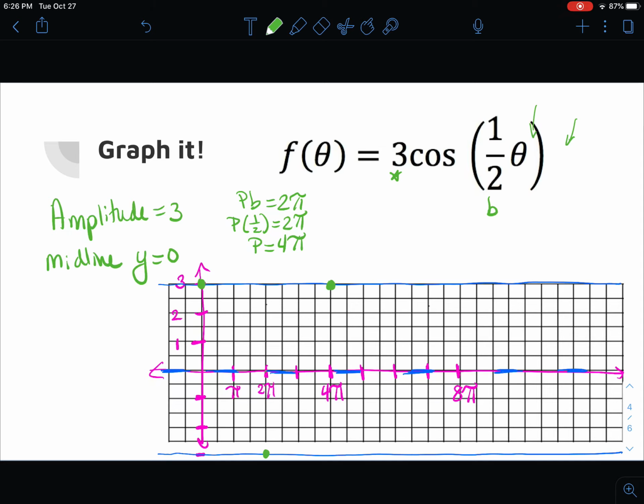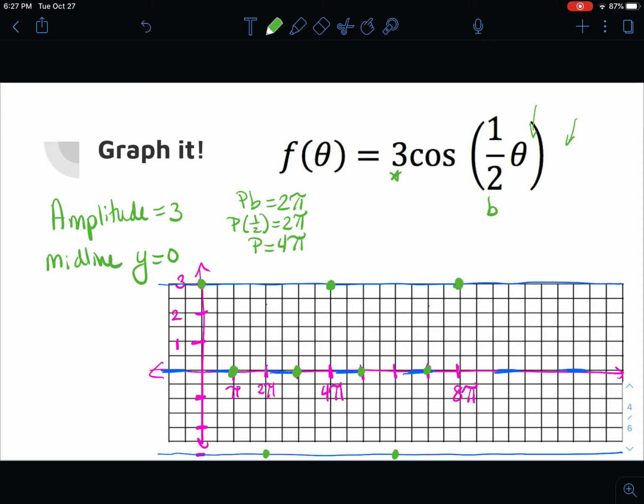In between the first 2 points is always sitting right on the midline. In between the last 2 points is always sitting right on the midline. And we can repeat this. I'm going to go over to 8 pi to get one more full cycle. So we begin and end at the top, the middle is at the lowest point, and then we sit right on that midline.